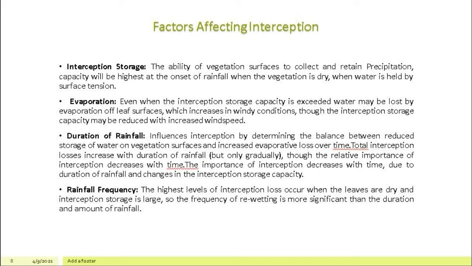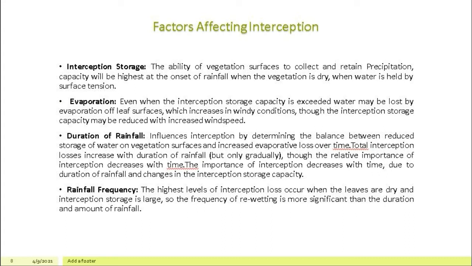Duration of rainfall influences interception by determining the balance between reduced storage of water on vegetation surfaces and increased evaporative loss over time. Total interception losses increase with duration of rainfall, but only gradually, though the relative importance of interception decreases with time.